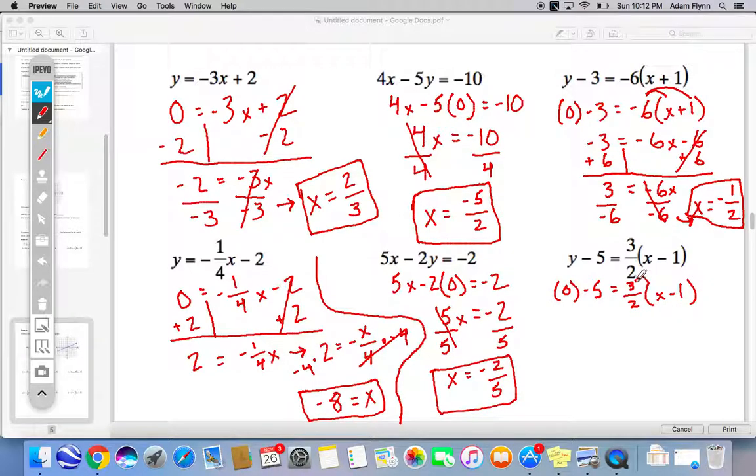So I'll distribute this 3 over 2. So I'm left with negative 5 equals 3 over 2x minus 3 over 2. So what I have to do now, I have to add this 3 over 2 on both sides. So actually what I'm going to do here, I'm going to rewrite this process right here.